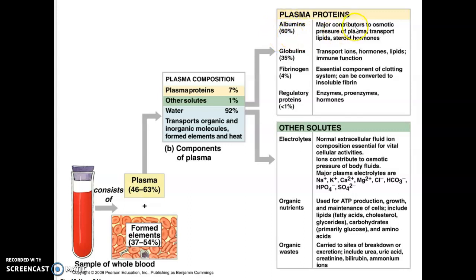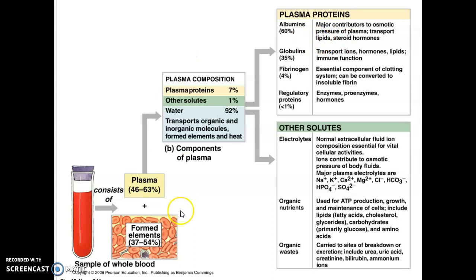And the biggest thing about albumin is that it gives us the correct amount of osmotic pressure. If you remember our discussion on tonicity last semester, where we said something can be isotonic, hypotonic, or hypertonic, albumin tends to be the main thing that keeps the plasma of our blood, and our blood in general, isotonic.